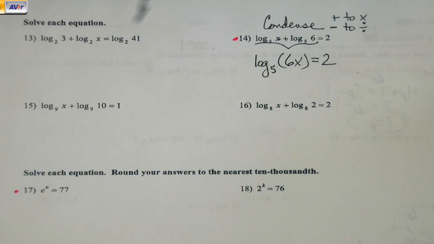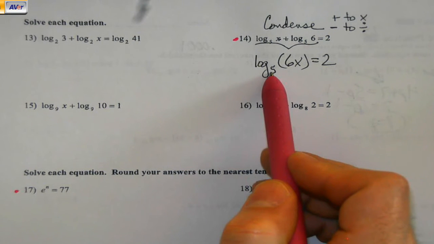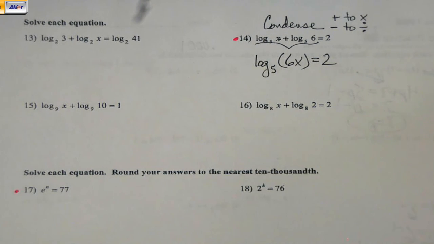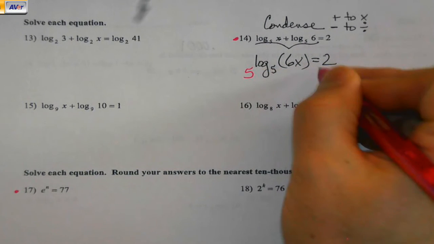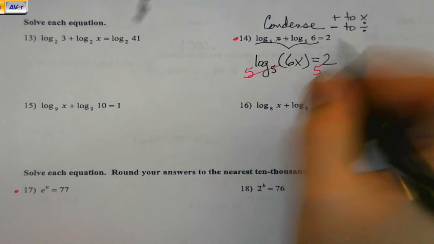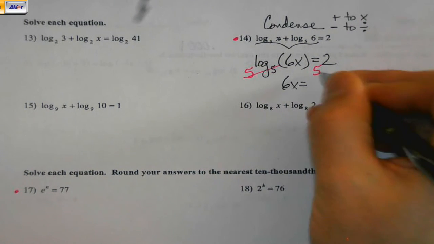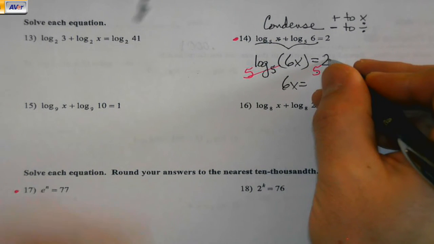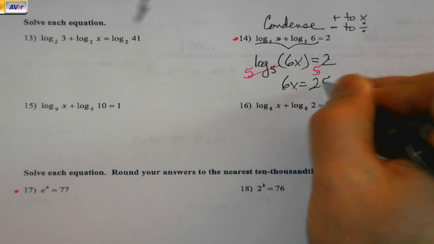And so I look at this and I go, hey, the next thing in my way towards getting to x is the log. It's the furthest thing out. So we just got done doing that a bunch of times. So I'll use my exponentiating. 5 squared, again, exponentiate, it's an exponent, is 25.